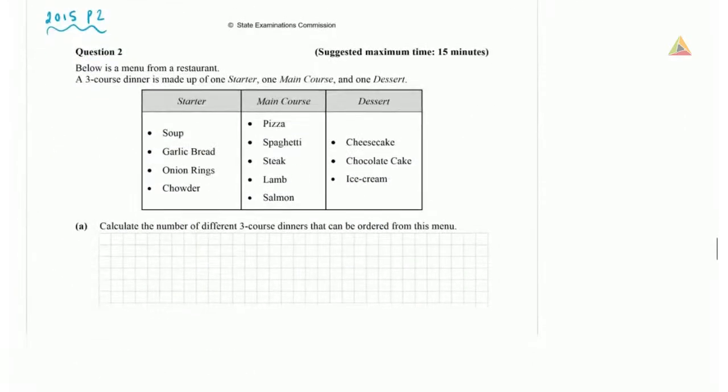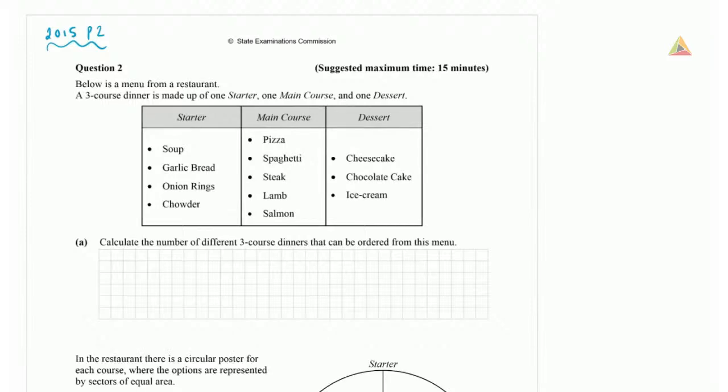So the next paper I have is 2015, paper 2, question 2. Now you'll see a lot of this in exam papers. So a restaurant menu. Below is a menu from a restaurant. We have a 3-course dinner which is made up of 1 starter, 1 main course and 1 dessert.